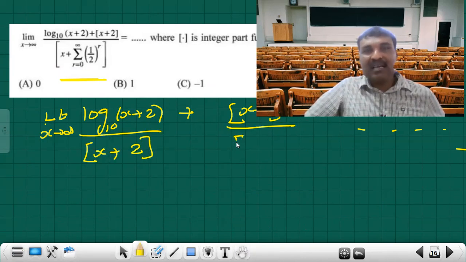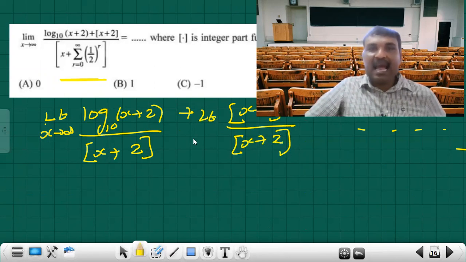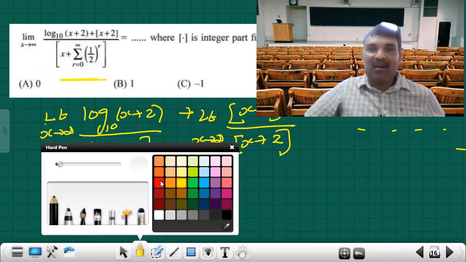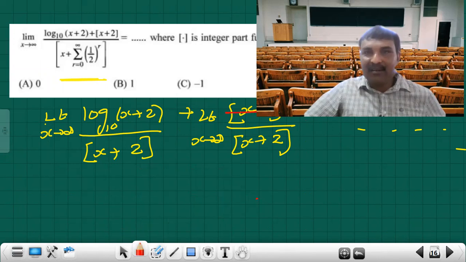The greatest integer function of (x plus 2) from numerator and denominator cancel. So this becomes limit x tends to infinity of 1. So the value is 1.